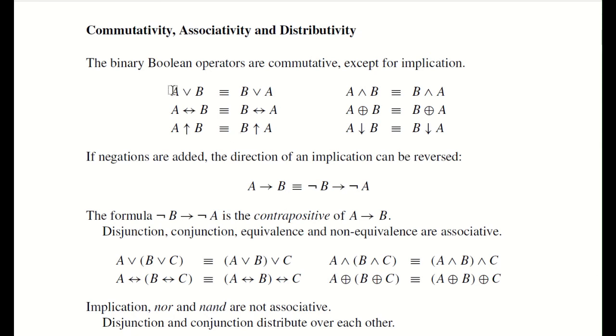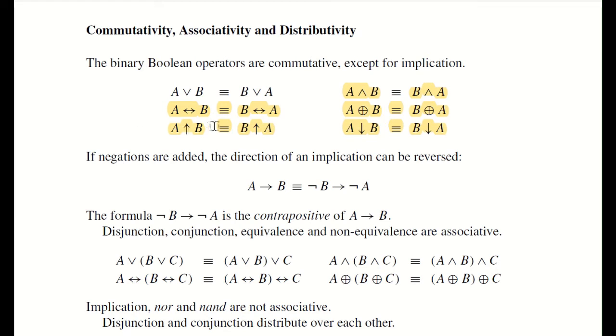If we have A or B, it is the same to write B or A. If we have A and B, it's the same to write B and A. So we can change the positions. The same holds for equivalence, for exclusive OR, for negated AND and negated OR.